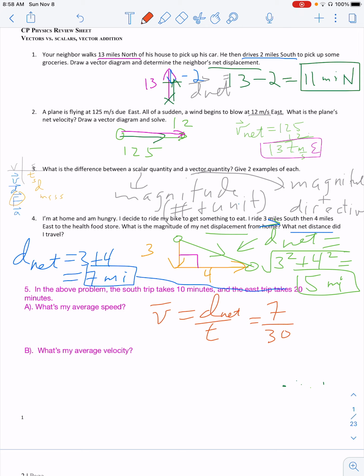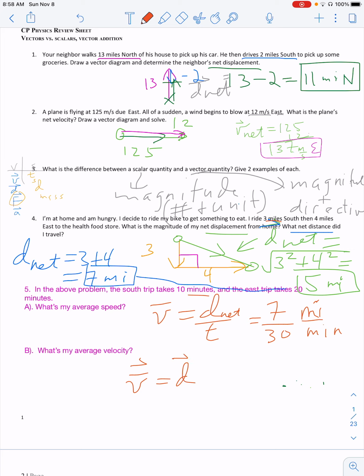I'm not going to work this out. Take my calculator and work it out. So this is just 7 over 30. It's meters per second, no, miles per minute. Watch out, I almost put meters per second. Miles per minute, because minutes and miles are what I've been given. What's my average velocity?